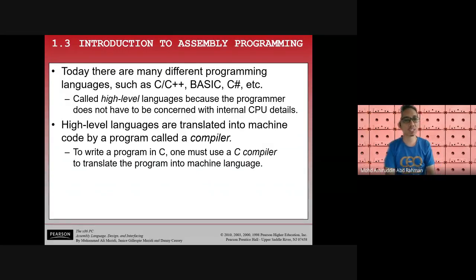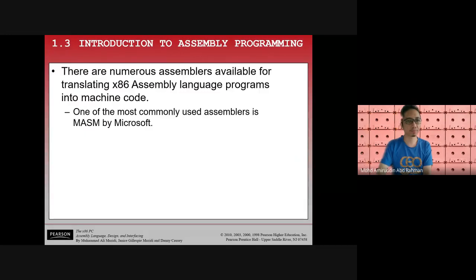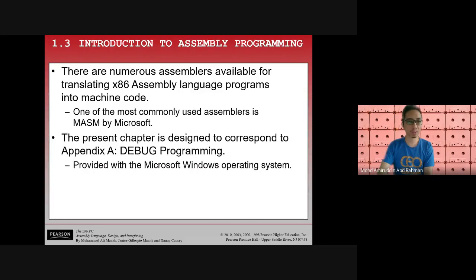To write a program in C, one must use a C compiler to translate the program into machine language. There are numerous assemblers available for translating x86 assembly language programs into machine code. One of the most commonly used assemblers is MASM by Microsoft.